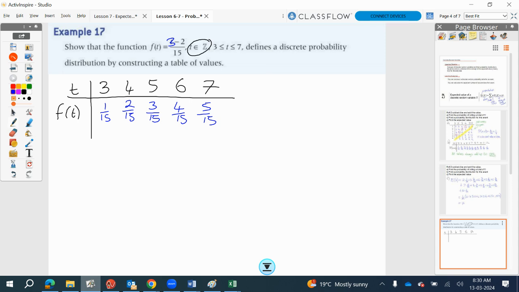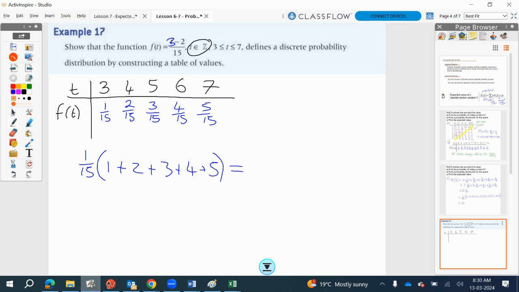So how can we prove that this is a discrete probability distribution? What's the main concept we've learned today? It has to add up to 1. If we add all of the probabilities, then we get 1. So if we want to show that this is a discrete probability distribution, we want 1 over 15, 1 plus 2 plus 3 plus 4 plus 5.